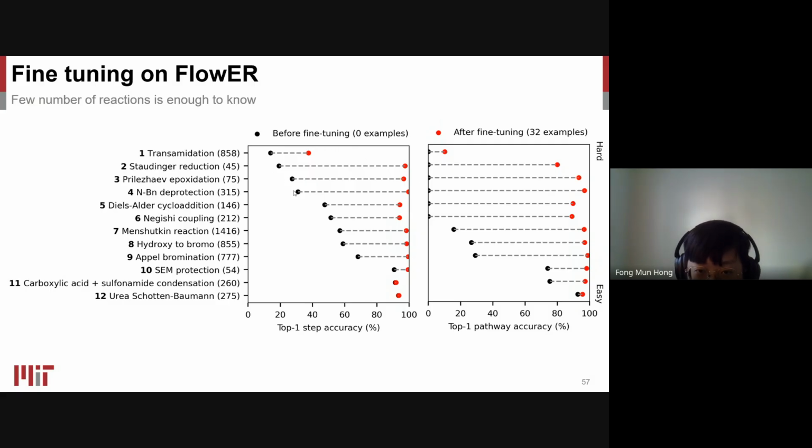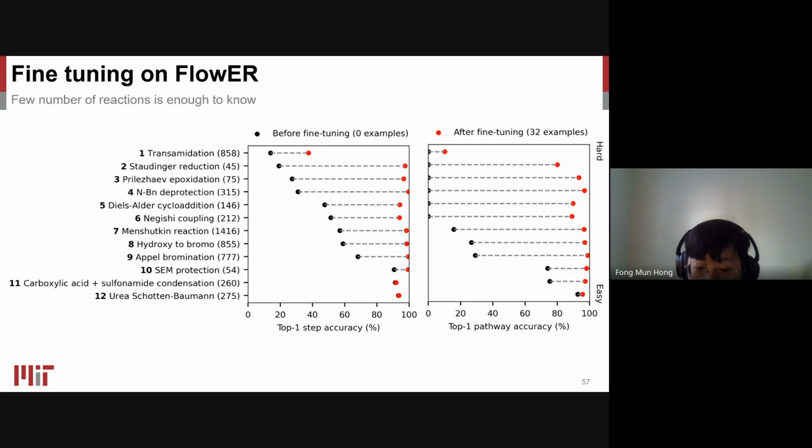Before fine tuning, there's some generalization already happening, because all of these are unseen reaction classes. And after fine tuning on just 32 examples, we see that the model actually learns a lot of these cases already.